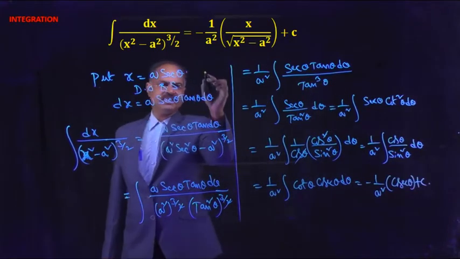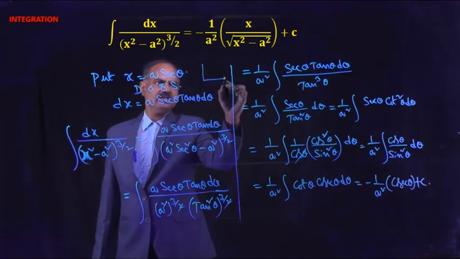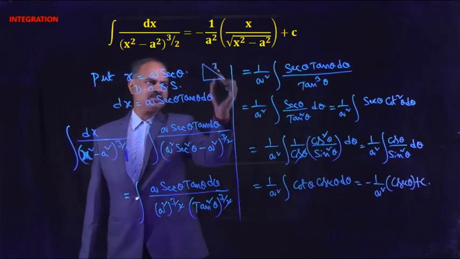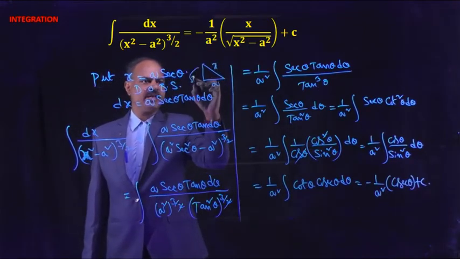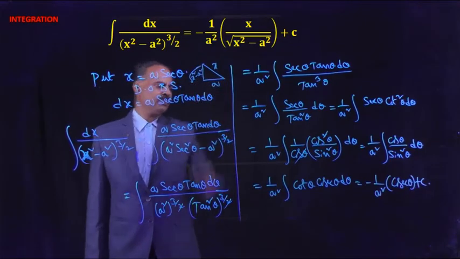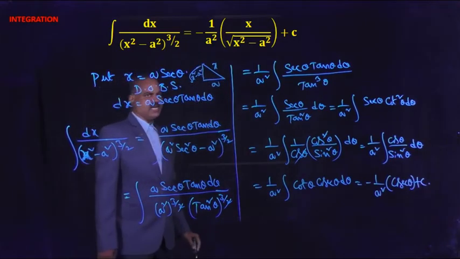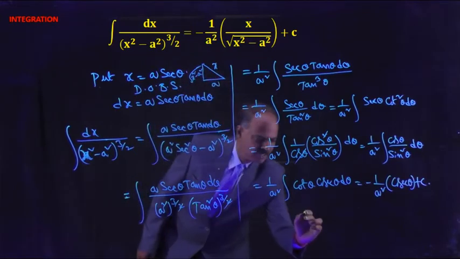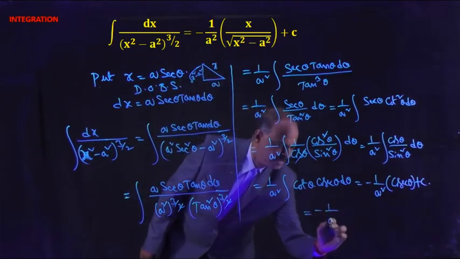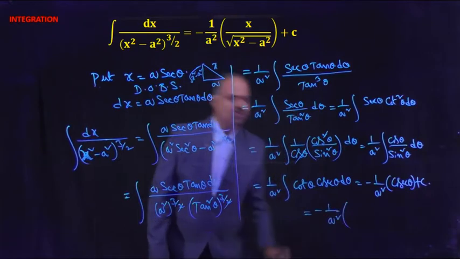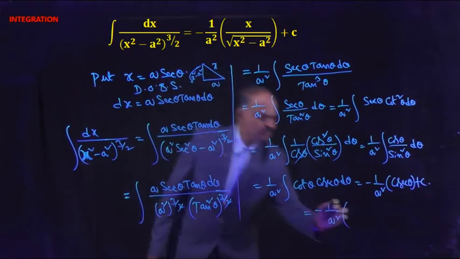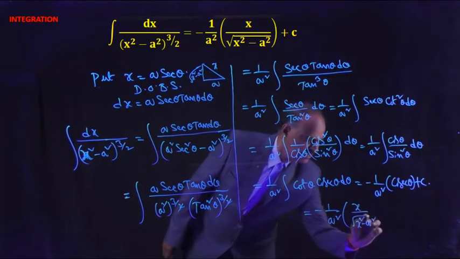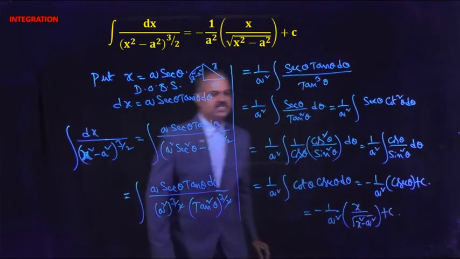Here secant theta equals x by a, so this is x by a, and this is the root over x square minus a square. So cosecant theta equals x by root over x square minus a square. Now this equals minus 1 by a square into x by root over x square minus a square plus integration constant c.